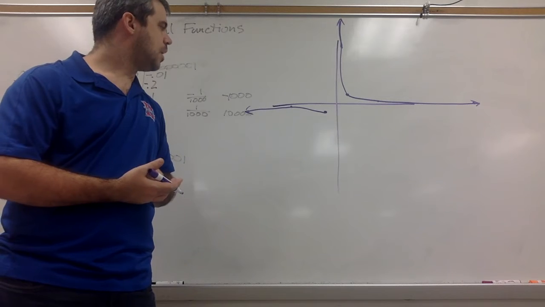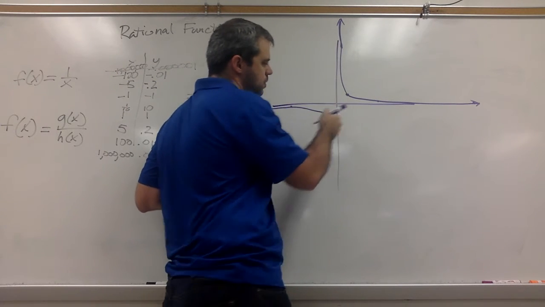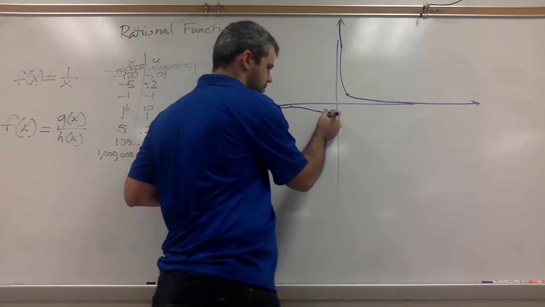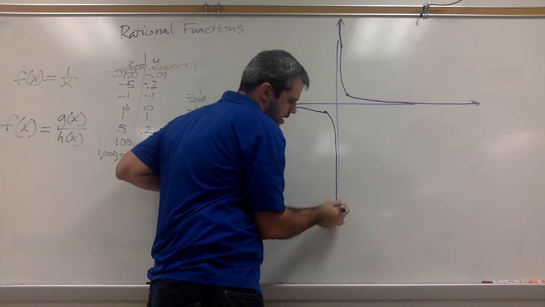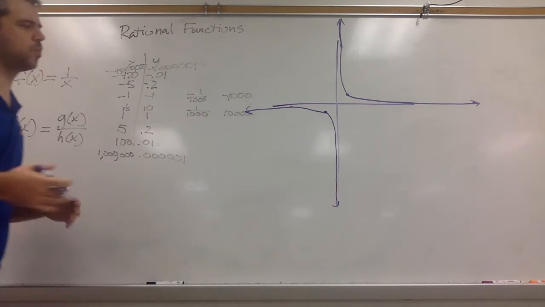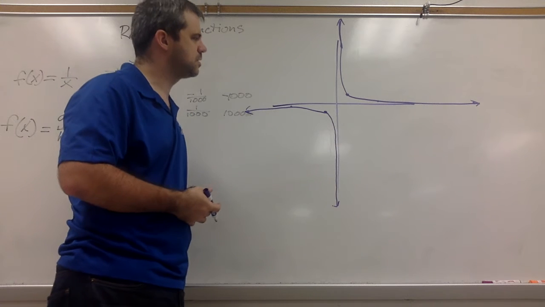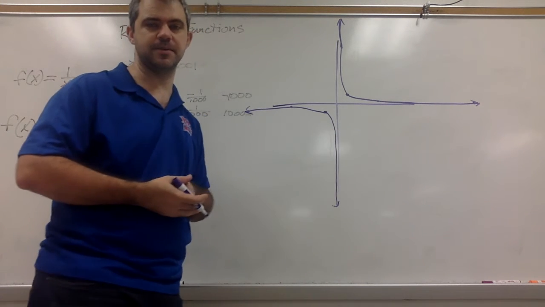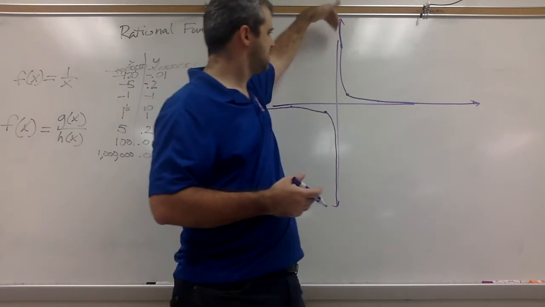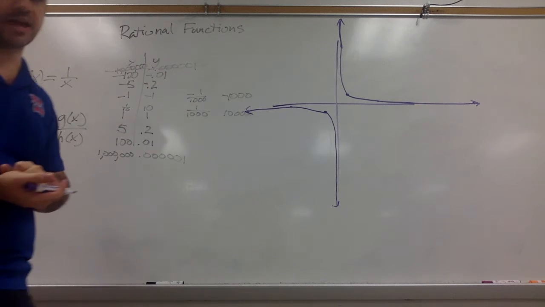Now, what happens as we approach x equals 0 on the negative side? We're going towards negative infinity. So this is what our rational function looks like.